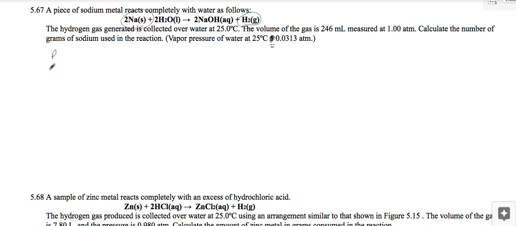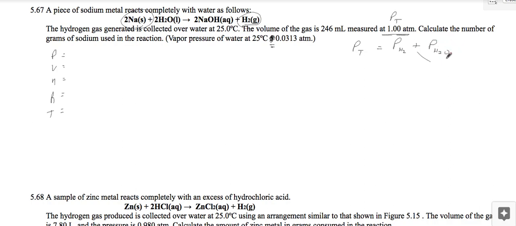So PV=nRT. This is all about the hydrogen gas now. The pressure is where we need to be careful. We have the pressure of 1 atmosphere, but 0.0313 of it is water vapor. So this is our total pressure, made up of the partial pressure of the hydrogen gas plus the partial pressure of the water vapor.